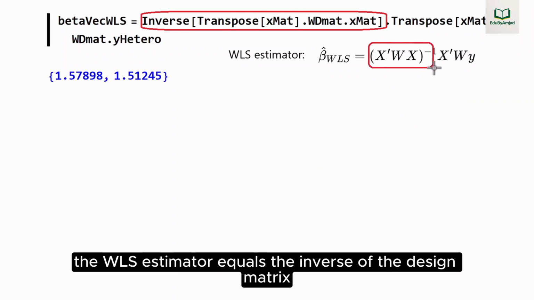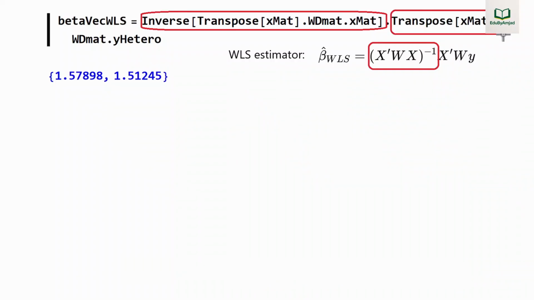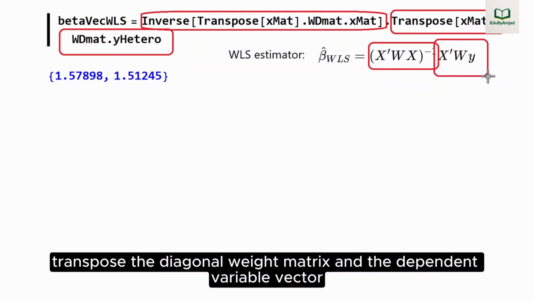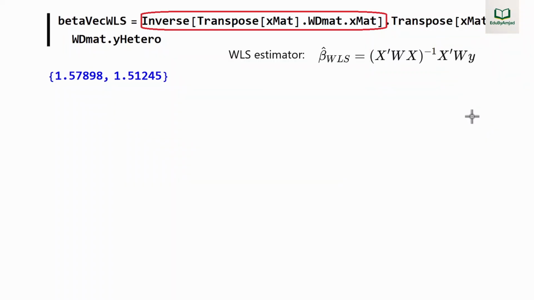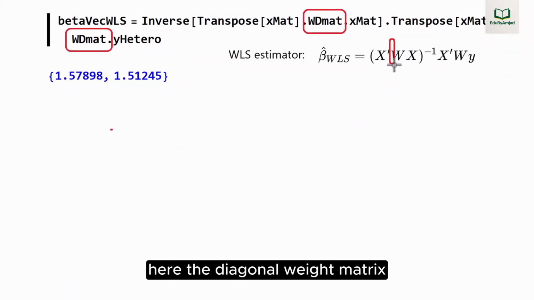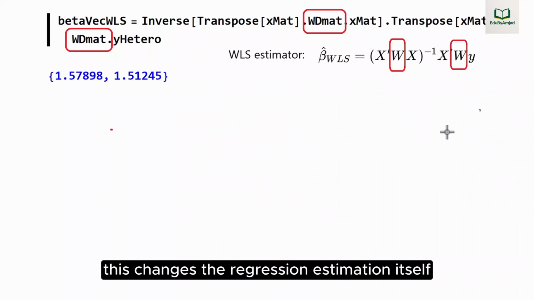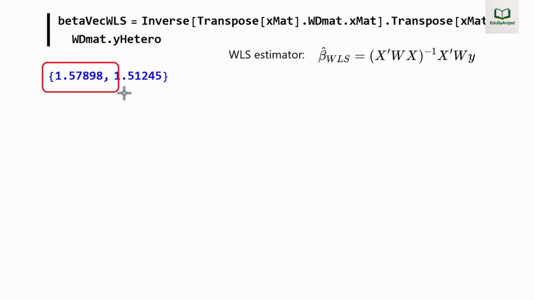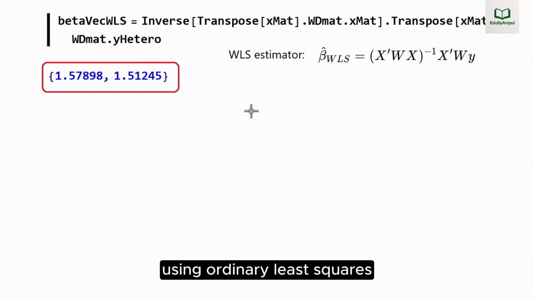The WLS estimator equals the inverse of the design matrix transpose multiplied by the diagonal weight matrix and the design matrix, then multiplied by the design matrix transpose, the diagonal weight matrix, and the dependent variable vector. Here, the diagonal weight matrix assigns smaller weights to observations with larger error variance. This changes the regression estimation itself. As a result, the estimated coefficients differ from those obtained using ordinary least squares.